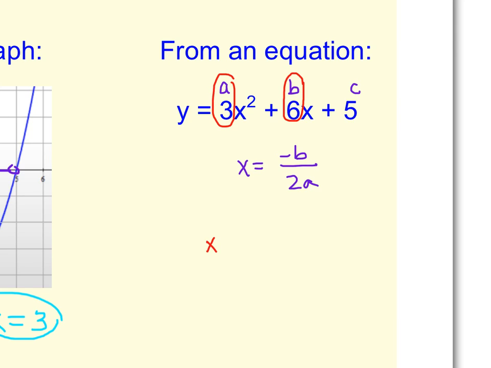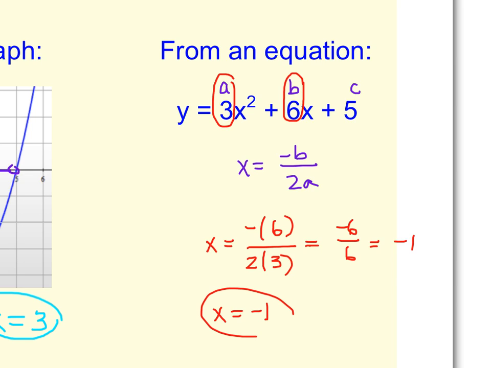So if we just plug those in, x equals a negative 6 over 2 times a, which is 3. And then that's -6 over 6, which gives us -1. So our axis of symmetry is equal to -1.